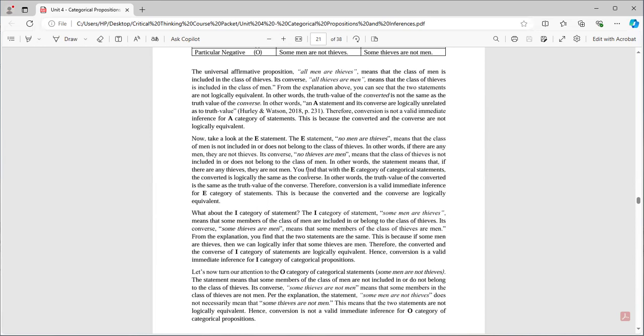And then you have the last one. Some men are not thieves. Some men do not belong to the class of thieves. Is this the same thing as some thieves are not men?